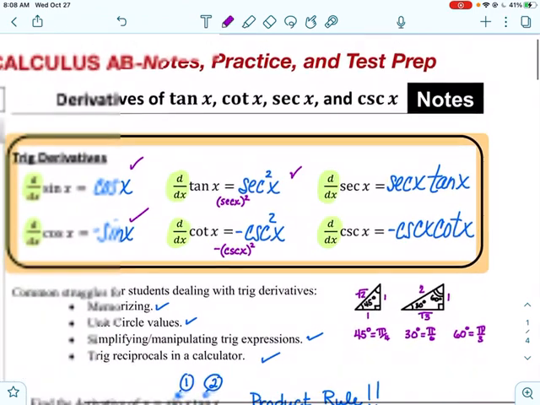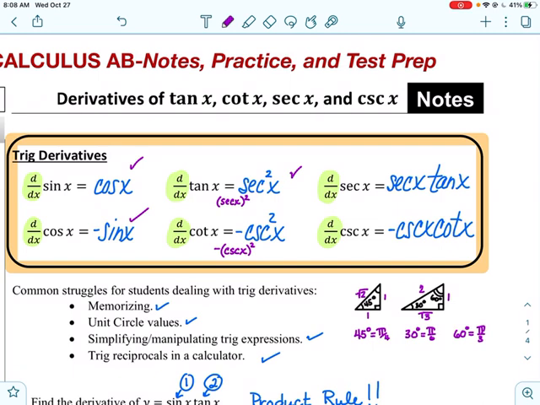I have a sheet to help you memorize these six trigonometric derivatives. Notice that each one of the cofunctions, cosine, cotangent, and cosecant, has a derivative that is negative. So hang on to that. When you look at that sheet that I have in Schoology, the derivative of tan is secant squared, the derivative of cotan is negative cosecant squared, so you hear a similarity in the answers there.